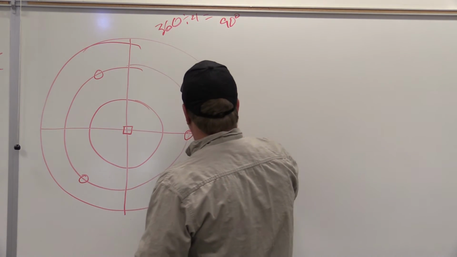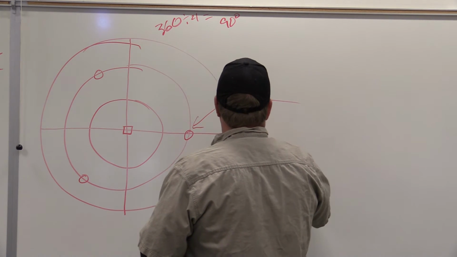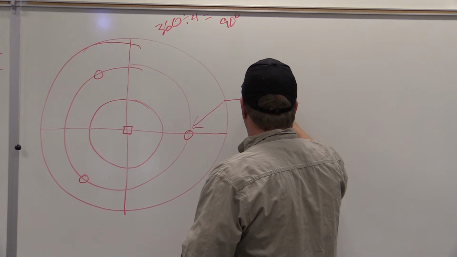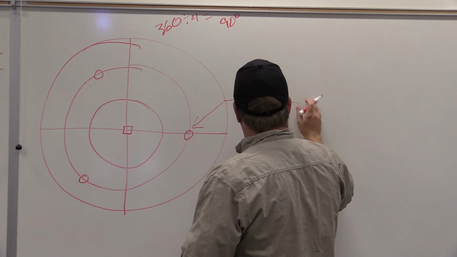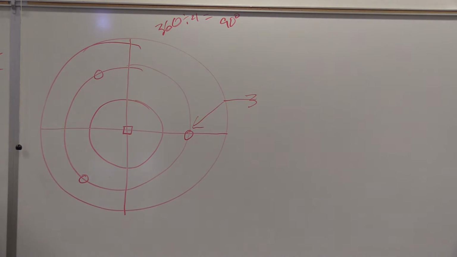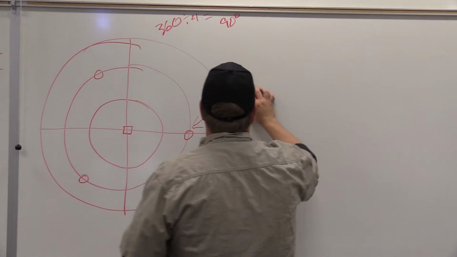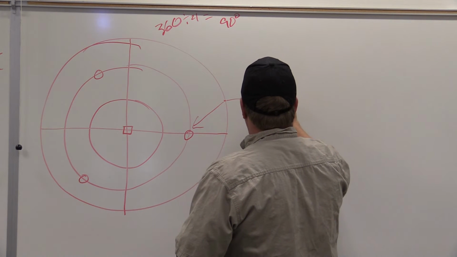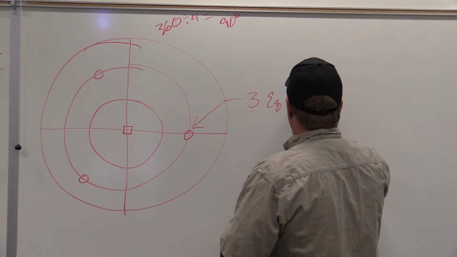So on our print, say we are given 3 bolt holes. We'll get more complex into actually breaking down the portions. 3 holes, equally spaced.